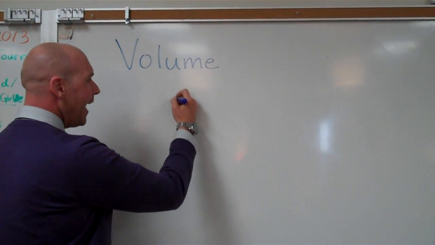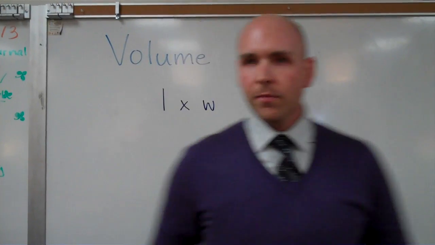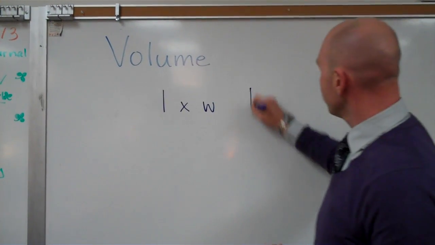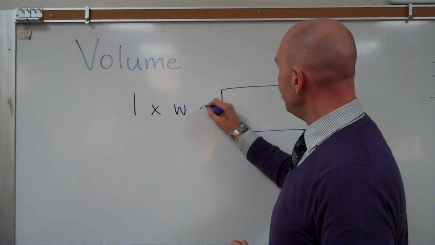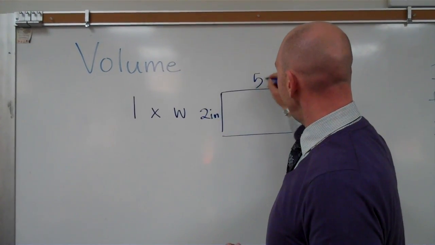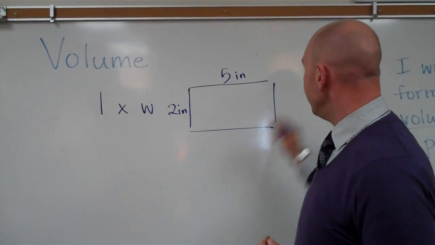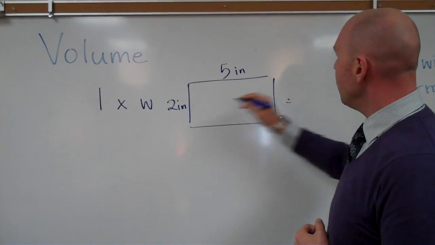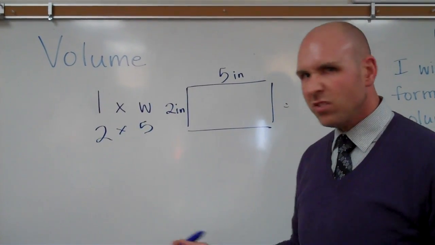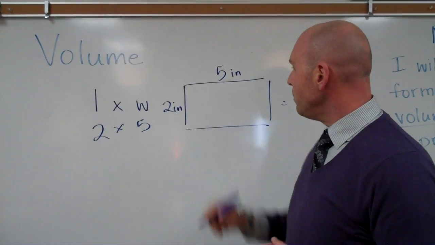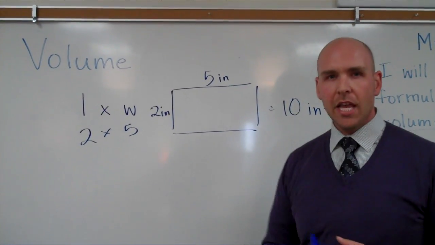Okay, so we know area is length times width. So let's say we have a rectangle. It is 2 inches by 5 inches. I can find out that this equals 2 times 5, or 5 times 2, doesn't really matter, equals 10 inches squared.